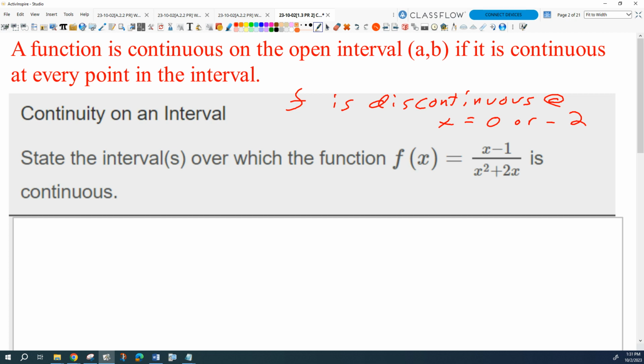The best way to say it, in my opinion, is just to say this. This isn't what they're asking for, though. x is not equal to -2 or 0. That's the most concise way to say the domain, right, where it's continuous. How would I say every place except that? Doesn't that make sense? You got an idea? Did I hear something? Nope.